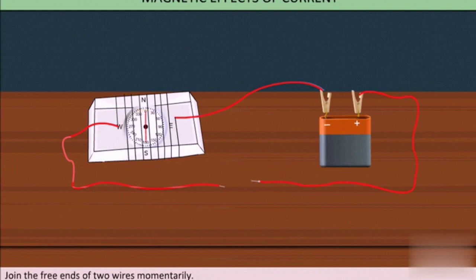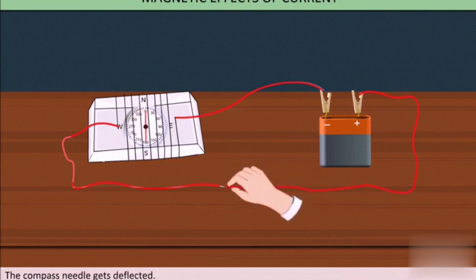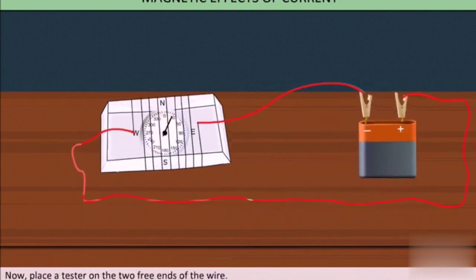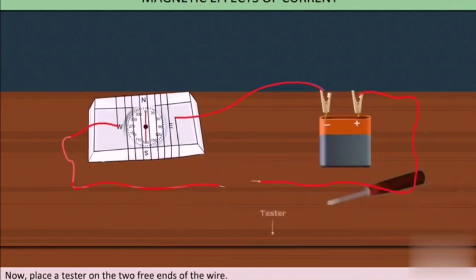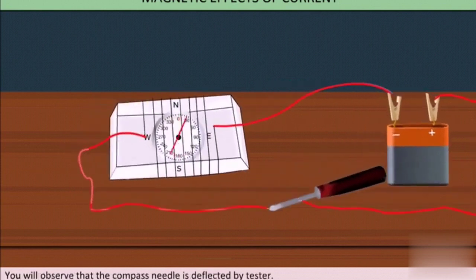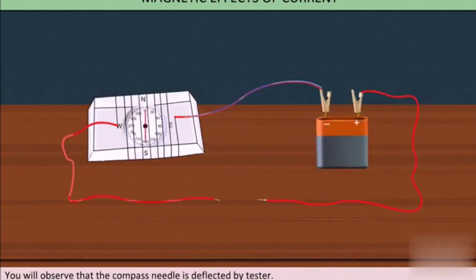Join the free ends of two wires momentarily. You can observe that the compass needle gets deflected. Now place a tester on the two free ends of the wire. Then also you will observe that the compass needle is deflected by the tester.